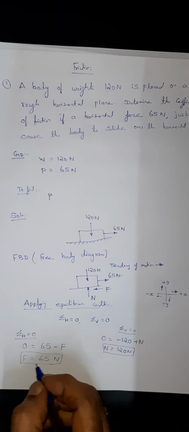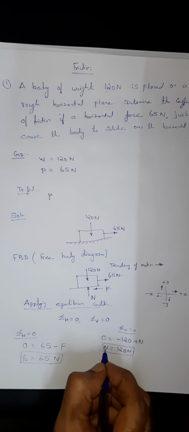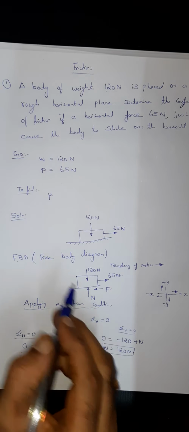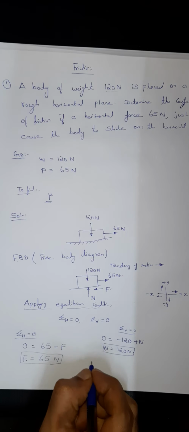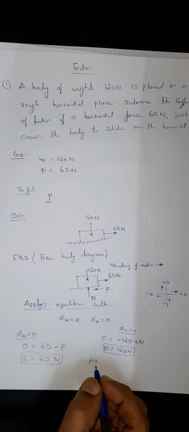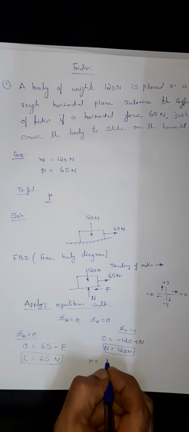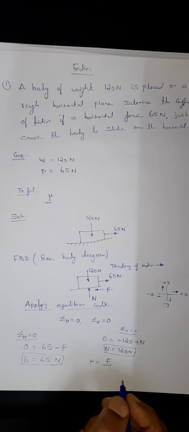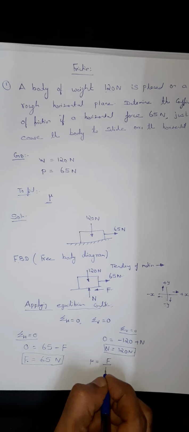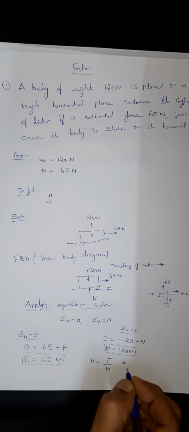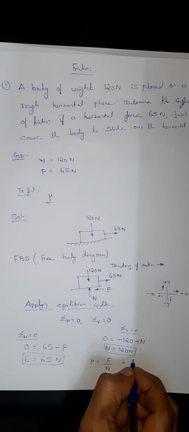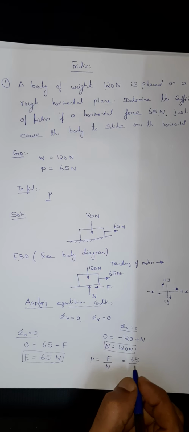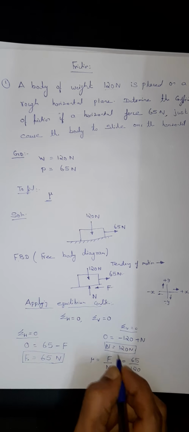So we have found the value of the frictional force as well as the normal reaction. Ultimately, what you have to find is the coefficient of friction, mu. What is the formula for mu? Coefficient of friction is the ratio of limiting friction, F, to the normal reaction, N. So substitute the values: F is 65, N is 120.